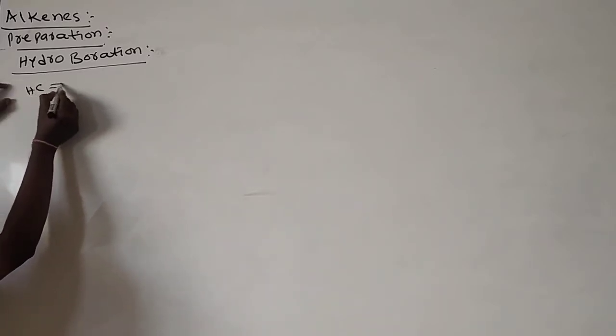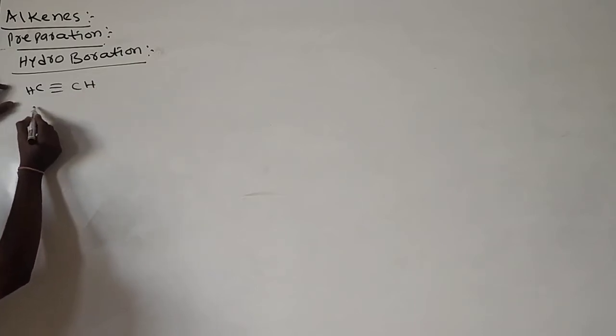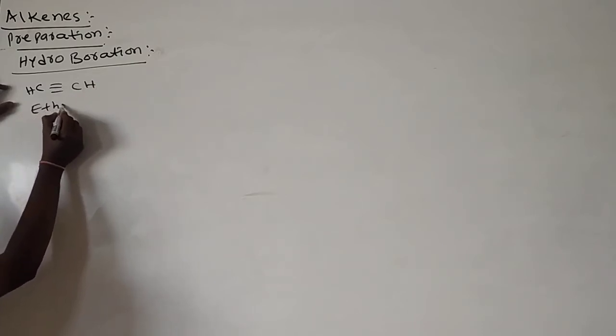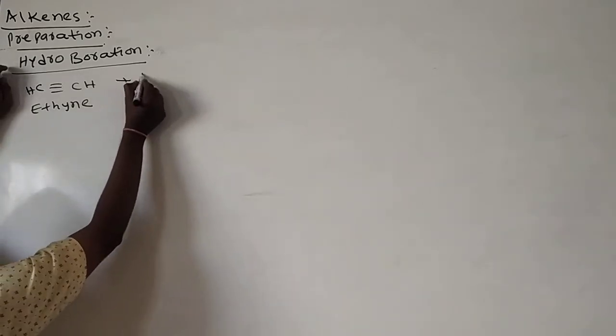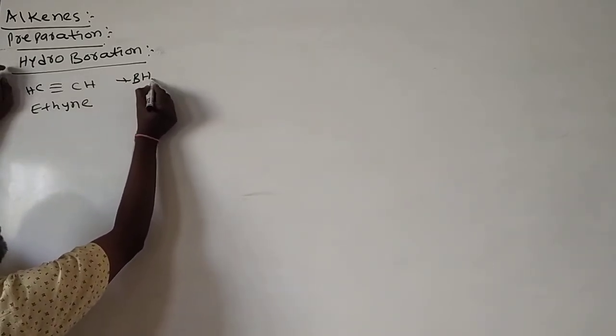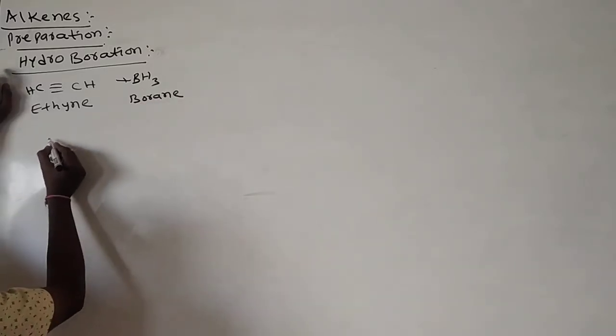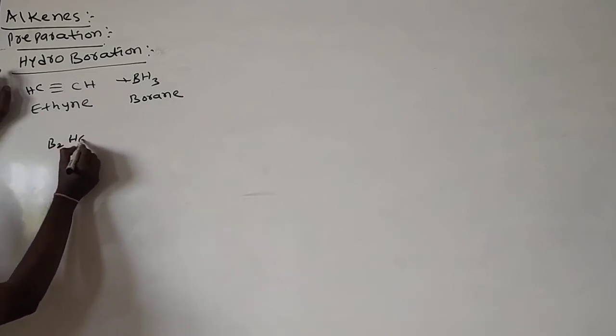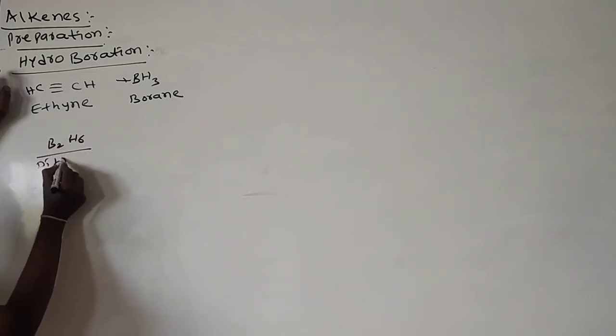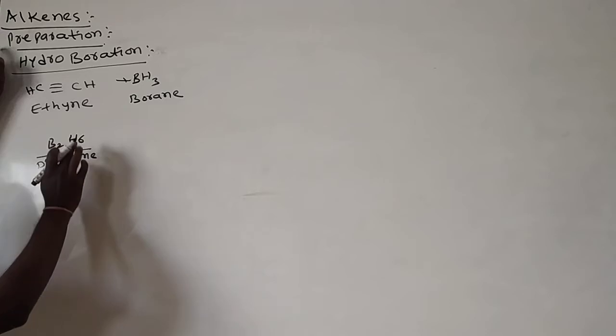Here, from the alkynes, you are taking acetylene or ethyne. It reacts with BH3. This we call borane. Actually, B2H6 is called diborane. Half of the diborane we call borane.